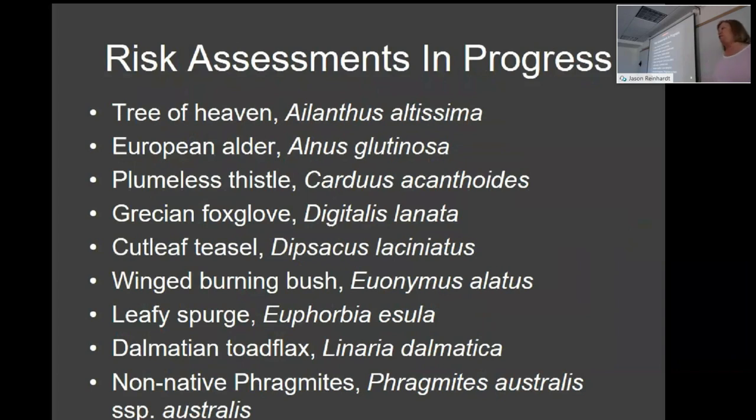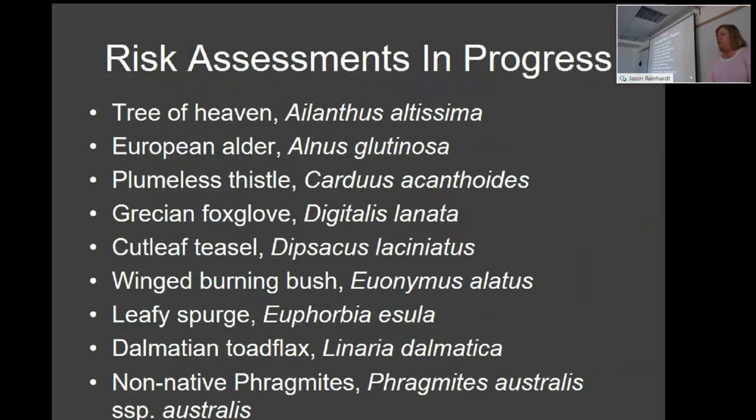The answers to these questions are evaluated, and a decision is made about whether to regulate, and if so, what regulatory category a species should be put into. We do have some risk assessments in progress. Many of these are already regulated species.